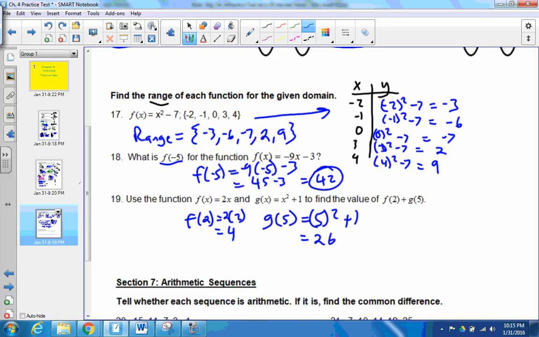So that plus that would be equal to 30, since we're trying to find f of 2 plus g of 5.